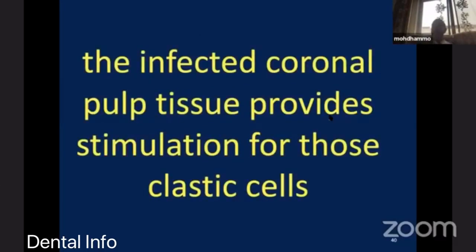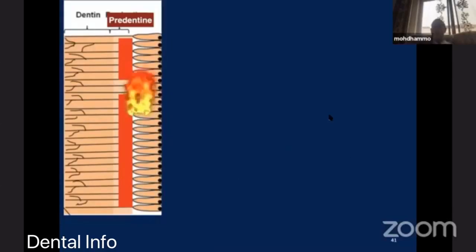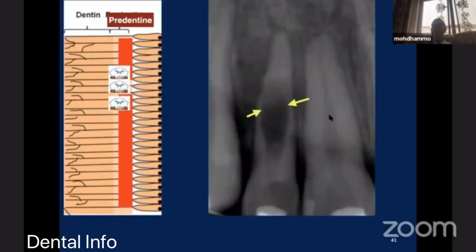The infected coronal pulp tissue will provide stimulation for those clastic cells, and the osteoclasts will be activated. Then they will go to the dentin and start making resorption. And because of this, internal resorption occurs at this stage.